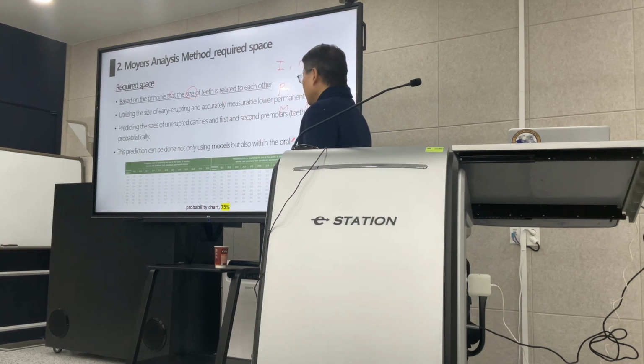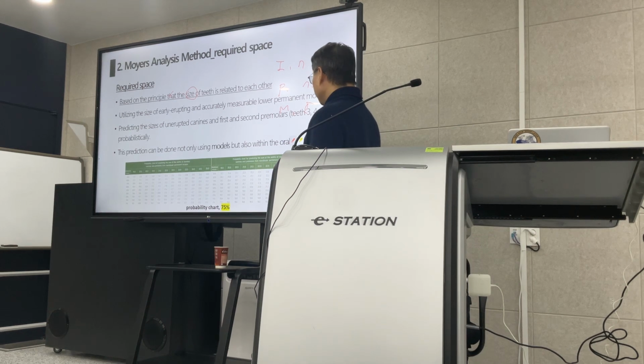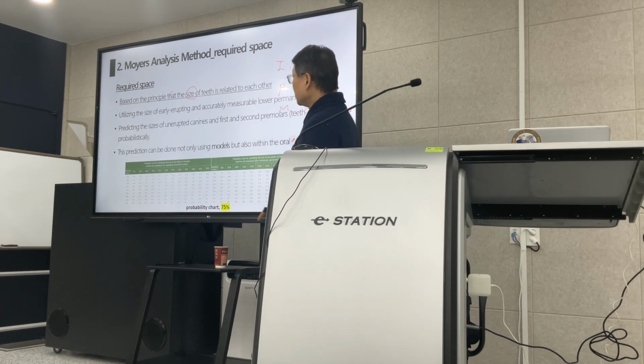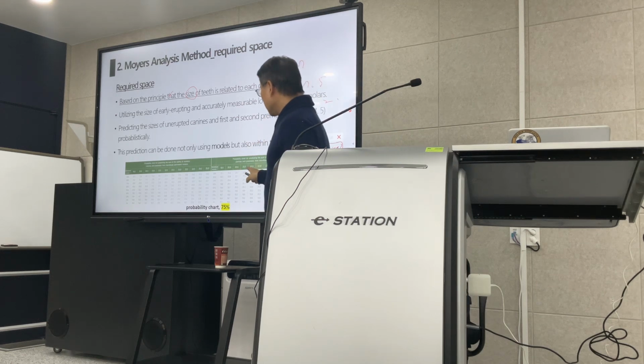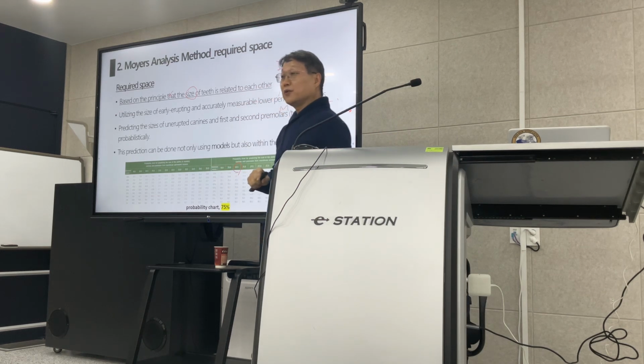There are many charts, with possibilities from 50% to 100%, but normally we use the 75% probability chart. So you have to measure the four anterior teeth. The result was 20.5.